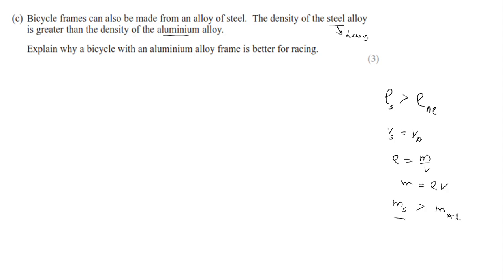So it will be heavy. If you wish, you can include all this information. Otherwise, you can just state the reason that steel is heavy, and of course you need more force if a frame is made from steel, or aluminium is lighter. So you need less force to accelerate the bicycle.